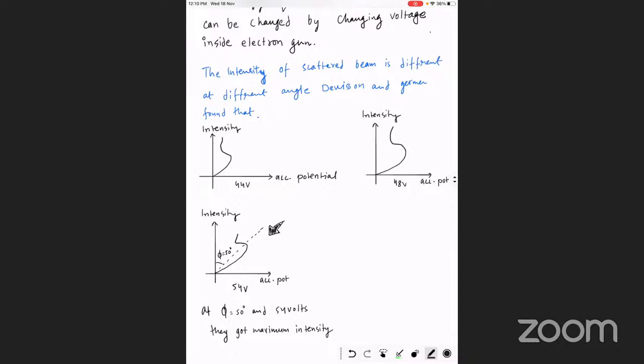It means the path difference would be an integral multiple of lambda. Correct.